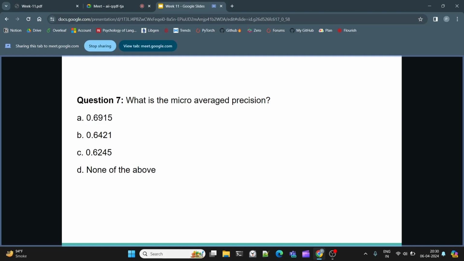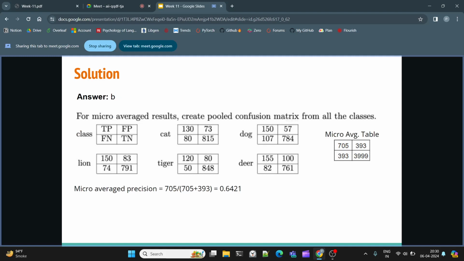So now, what is the difference between micro and macro? In macro, you saw we are simply summing all these things, right? Say the image classifier was very good at predicting cats and the number of samples of cats is very high.